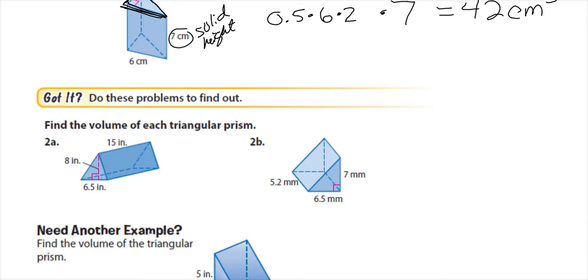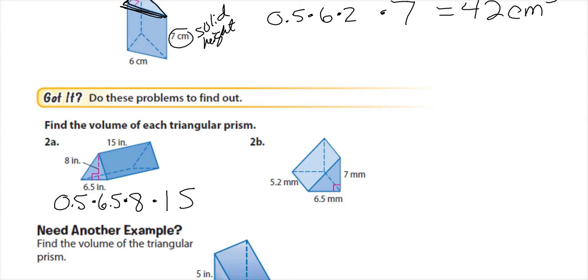All right, so for this one, again, we need 1/2. Okay, and then I need the length of the triangle. So the length of the triangle is 6.5. How tall is the triangle? It's 8. And then how tall is the building? In this case, it would be 15 inches.